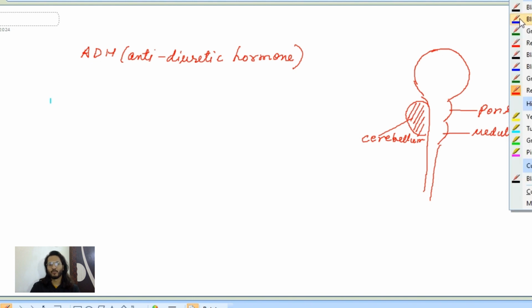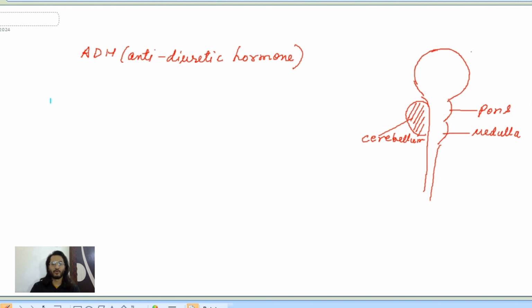Here we are going to understand about the hypothalamus. Hypothalamus is present here, and with the hypothalamus a very small gland is attached. This small gland attached with the hypothalamus is called the pituitary gland. This is the hypothalamus, a very important part of our diencephalon.